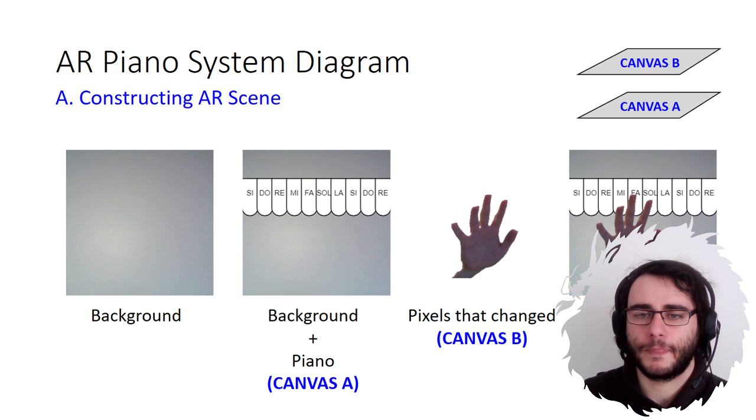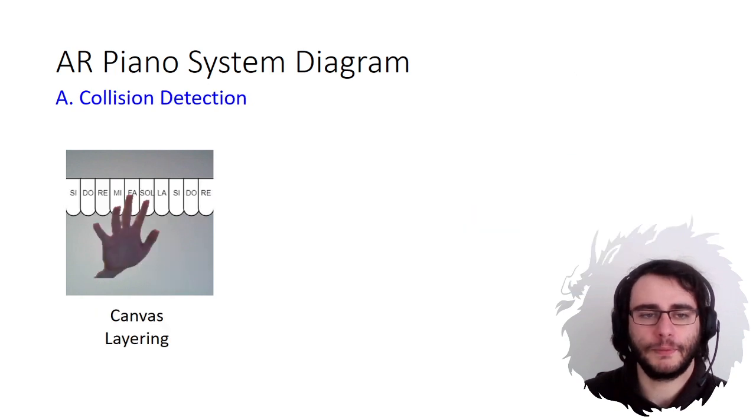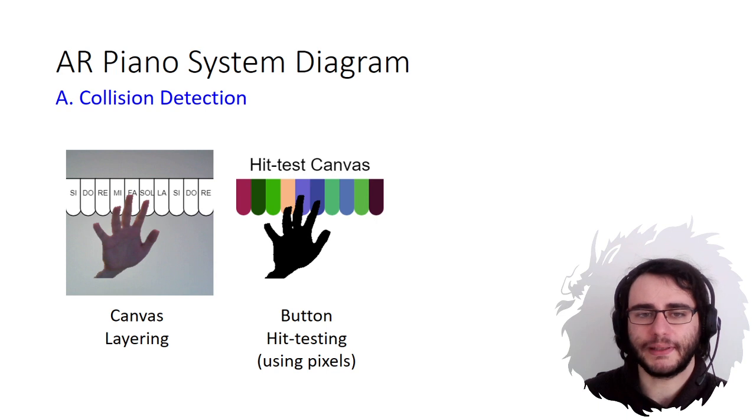And finally, we need to figure out the collision between the hand pixels and these piano keys somehow, and we are going to update the hit detection for these buttons.